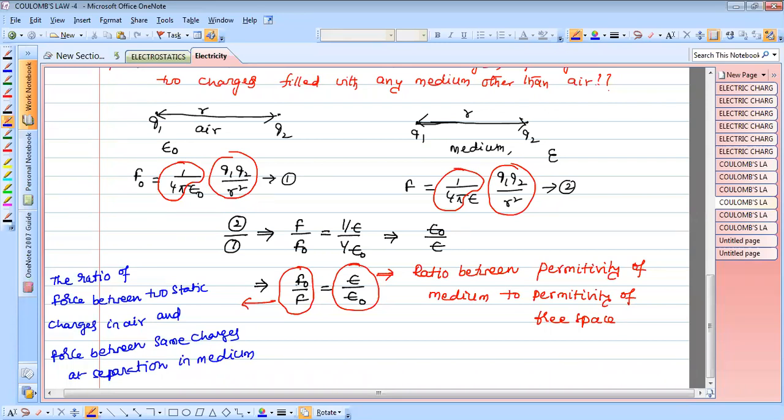So this is the force in air by the force in medium, with the same separation and the same charges, and it equals the permittivity of the medium by the permittivity of free space.